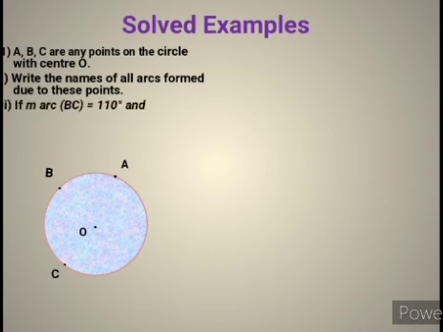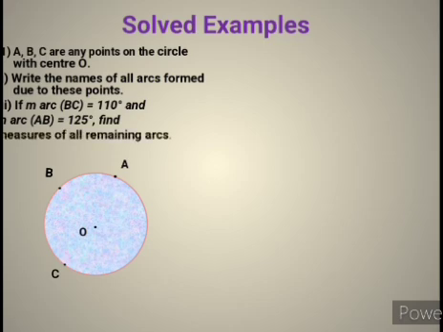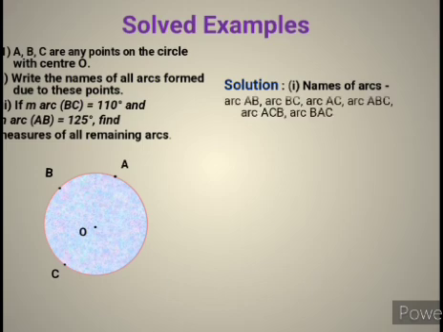Second: if the measure of arc BC is 110 degrees and major arc AB is 125 degrees, find the measures of all remaining arcs. Here we first write the names of the arcs: arc AB, arc BC, arc AC, arc ABC, arc ACB, arc BAC.